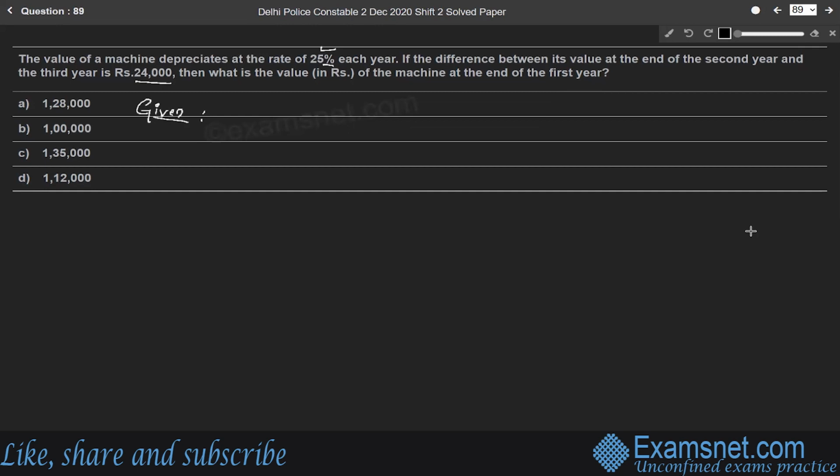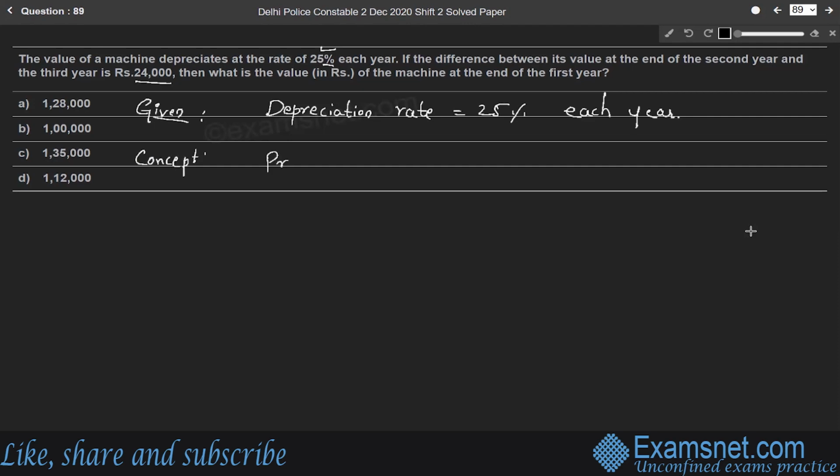So, depreciation rate is equal to 25% each year, right? So here in this problem, we are using the concept of depreciation.